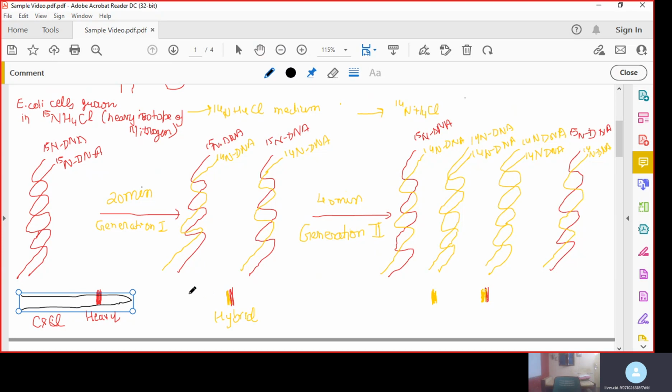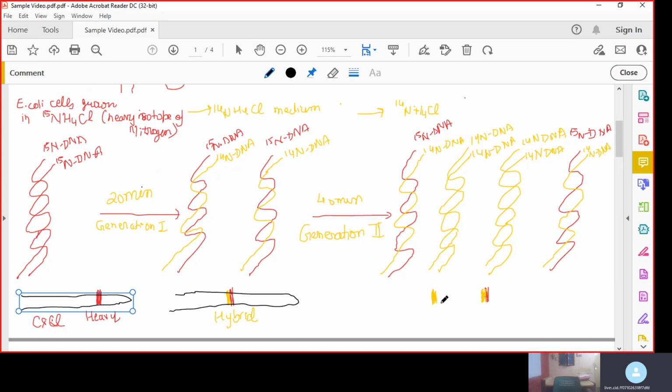After the density gradient centrifugation, we obtained the hybrid band. Then the medium was unchanged, only simple ammonium chloride medium. Again we got 4 DNA molecules, each one with a template strand and one with the complementary strand. You can see these first two are the 15N DNA and the rest are 14N DNA.